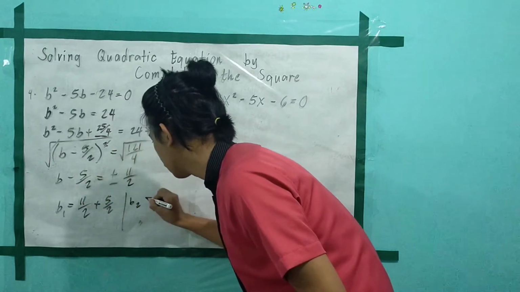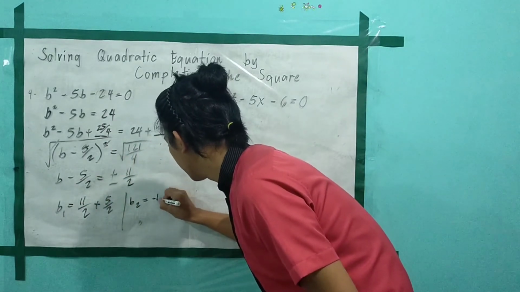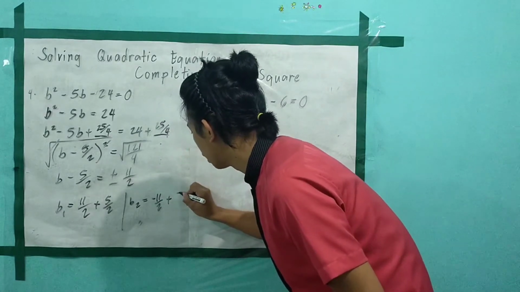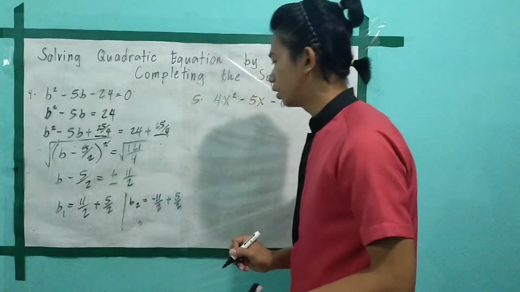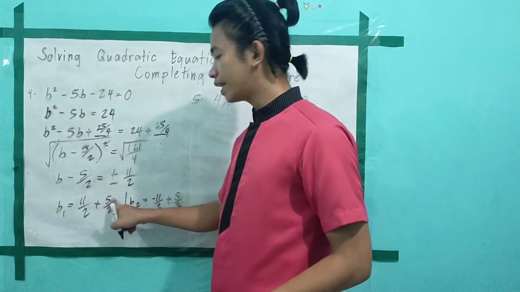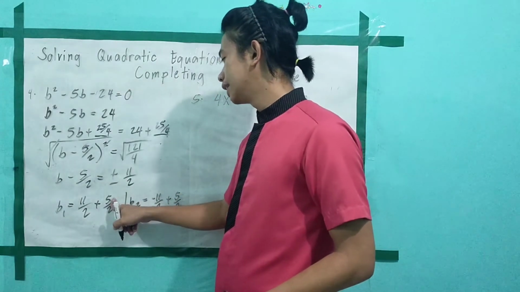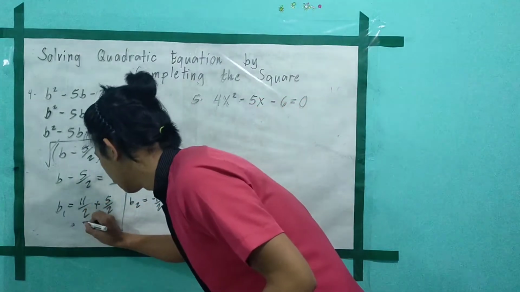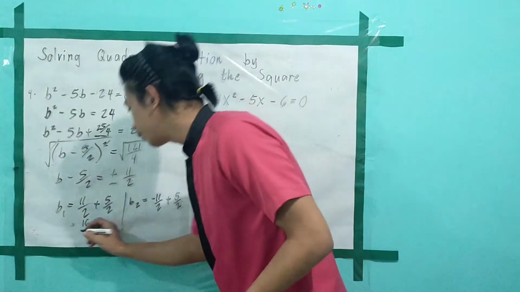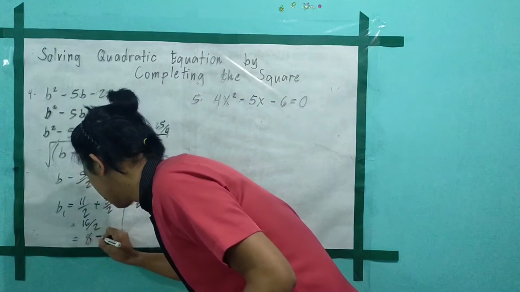B sub 2 natin is equal to negative 11 over 2 plus 5 over 2. Simplify natin. 11 plus 5, we have 16. So, 16 over 2. Then, 16 over 2 is equal to 8.